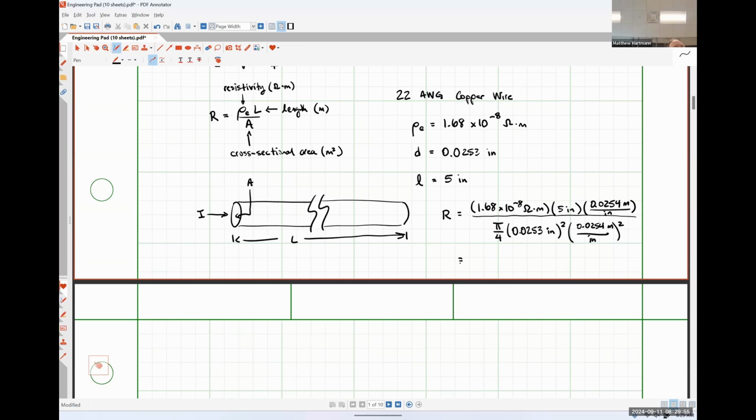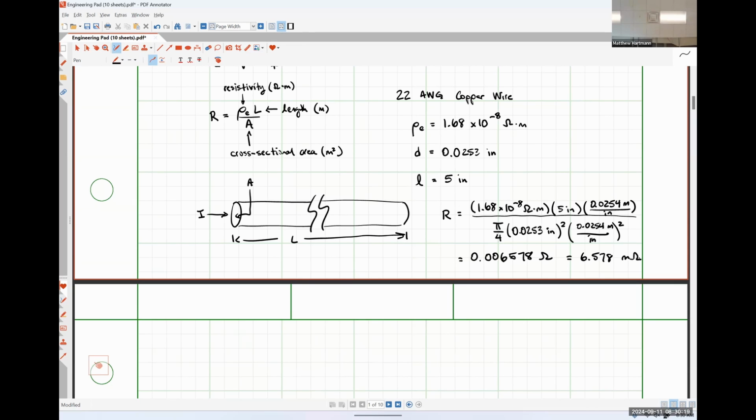I got, and you can tell me if I got the wrong answer, 0.006578 ohms, or 6.578 milliohms. Anybody else get something relatively close to that?